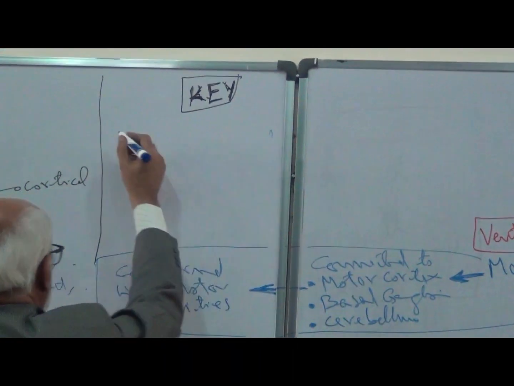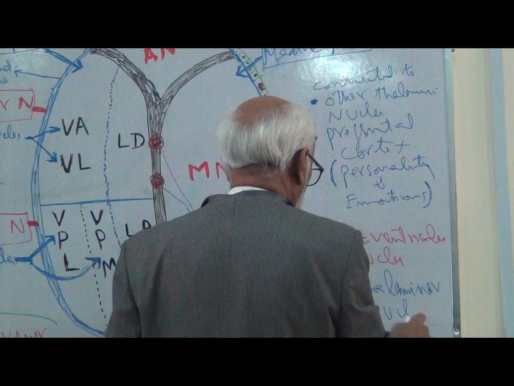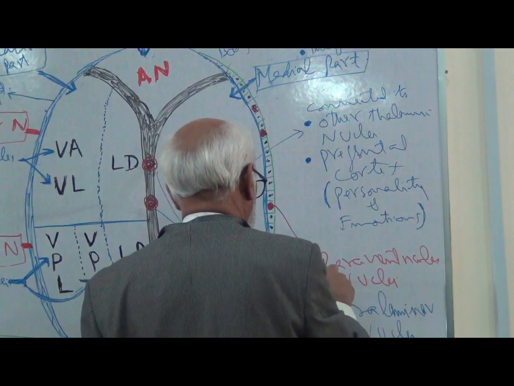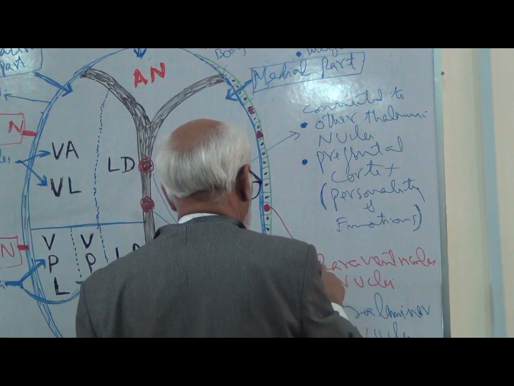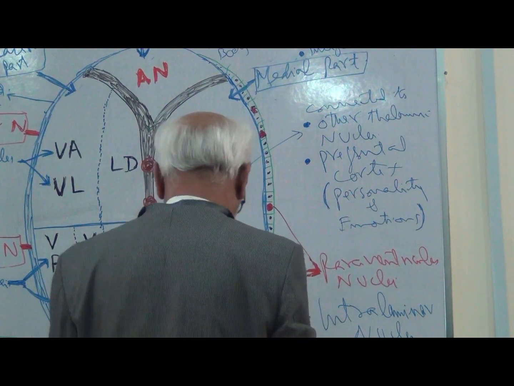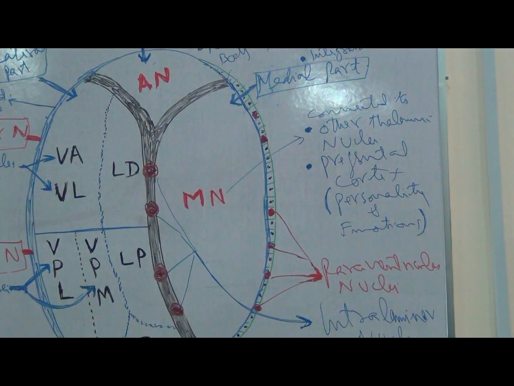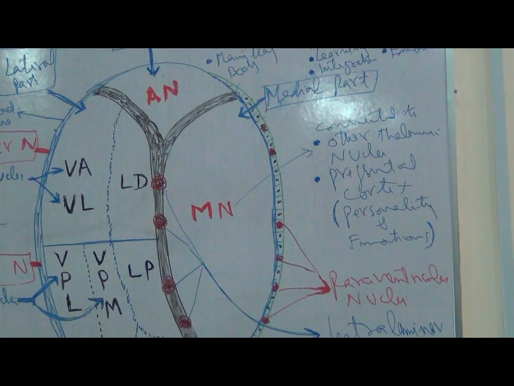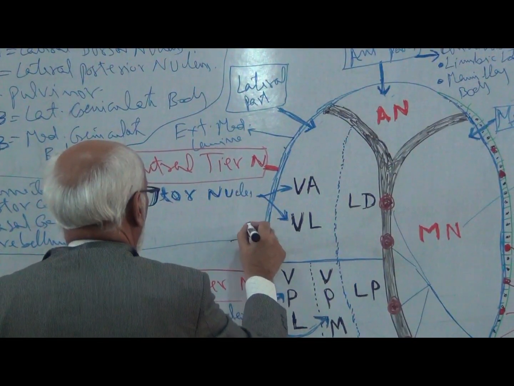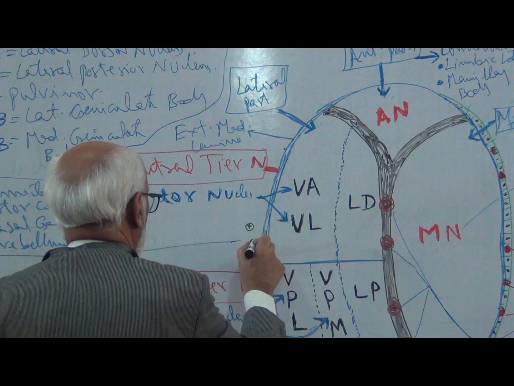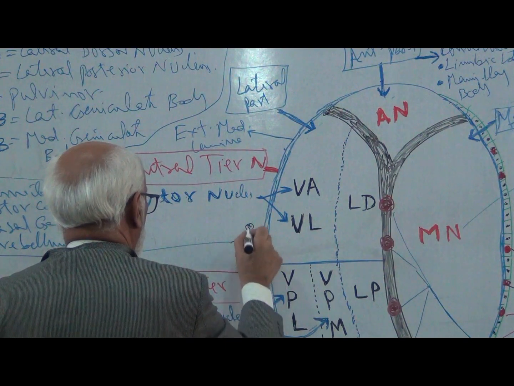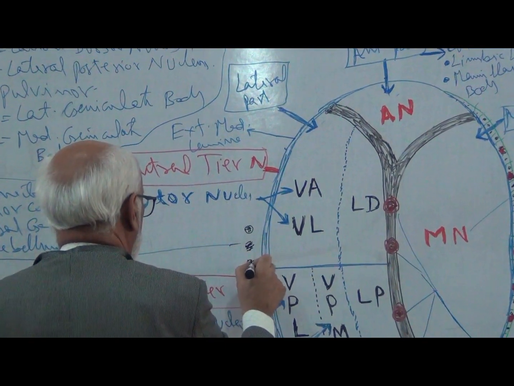And then another group is the reticular nuclei. They are located close to the external medullary lamina, between the external medullary lamina and the posterior limb of the internal capsule.